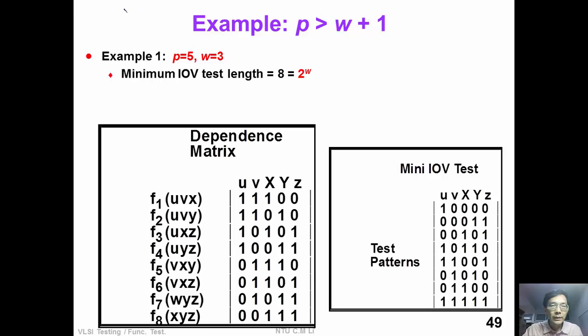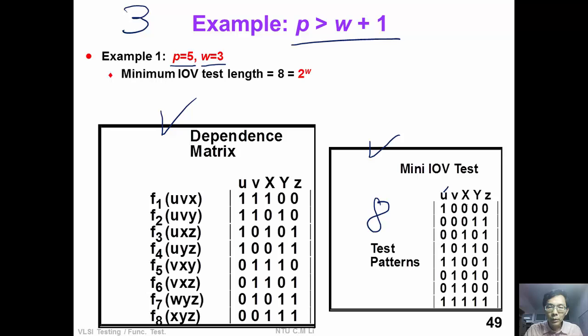In the third case, where P is greater than W plus 1, we may or may not achieve the lower bound. For this particular example, where P is equal to 5 and W equal to 3, the minimum IOV test length is 8, as you can see in this picture.